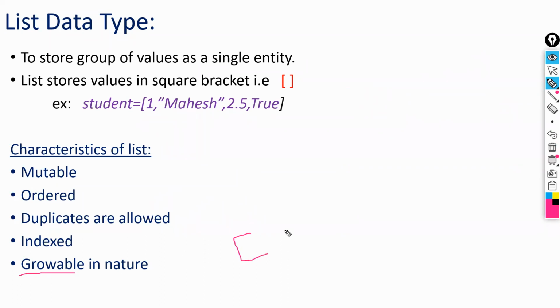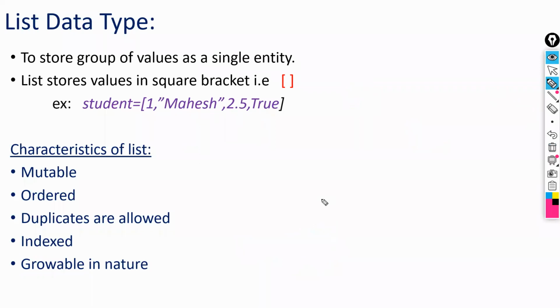Append is the keyword you use to add elements to a list. If I do the append operation, automatically the values grow: first 1 is there, then I'll add Mahesh, then 2.5, then 2. Number of values are growing. That's the reason it is growable in nature.